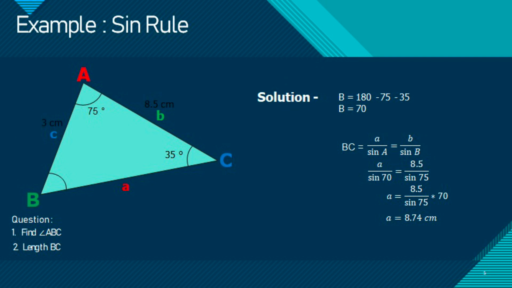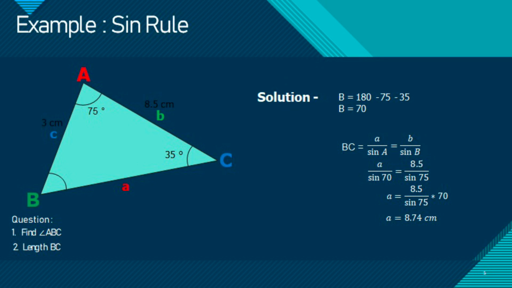That's the angle of B. Next, we find the length of B to C with a over sine A equals b over sine B. Then we replace the values, rearrange, and it becomes 8.5 divided by sine 75 multiplied by sine 17. The first answer is a equals 8.74 centimeters.